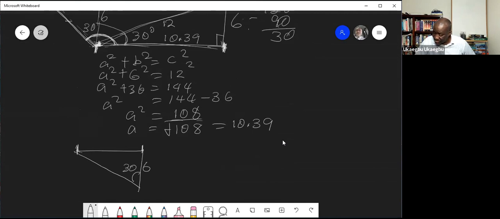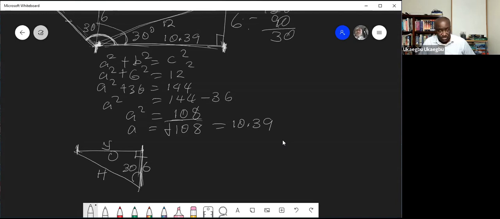You can call it X or you can call it Y. It's up to you. This side is the hypotenuse, this side is the opposite, and this side is the adjacent.